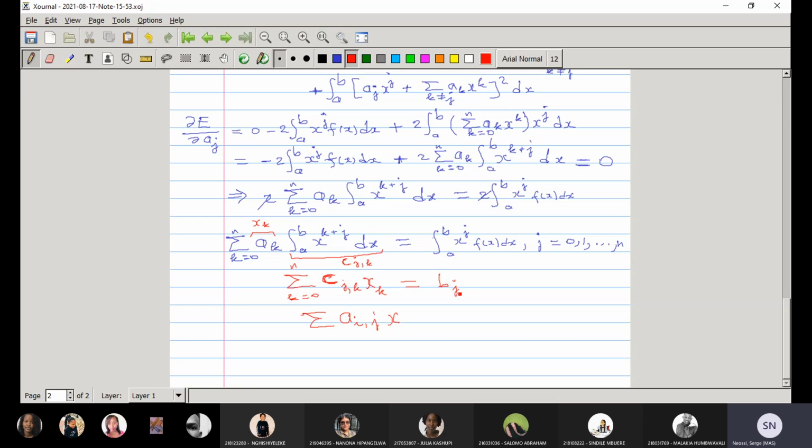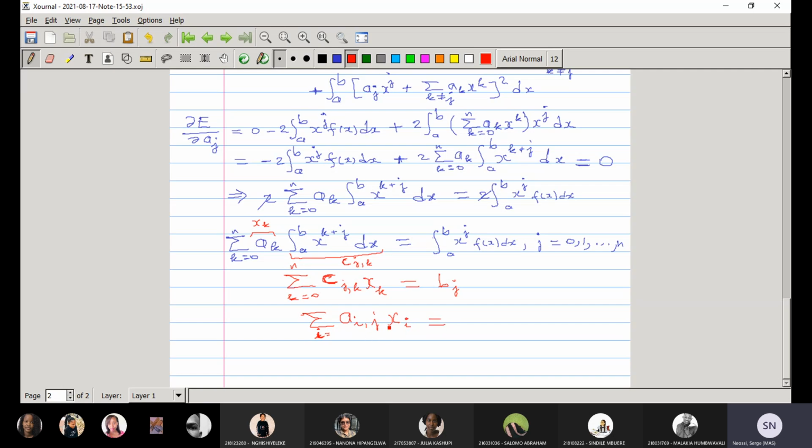If this depends on j, it means that we sum with respect to i, right? So this is a summation, i running maybe from 1 to n or 0 to n, whatsoever. Then we have a_ij, and this is x_i, sorry, because it's invariant.